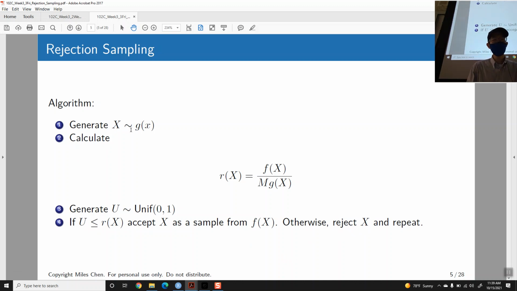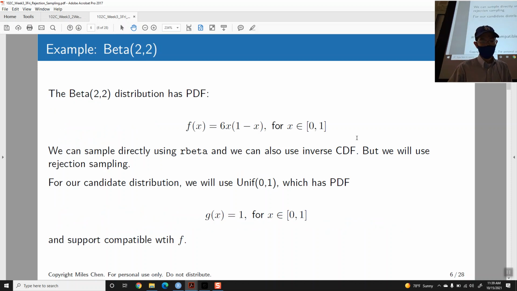If you follow this process, we're going to generate a bunch of values from g, only keep some of them, and the values that we keep will have the distribution defined by f. I think it will make a little bit more sense with a picture.